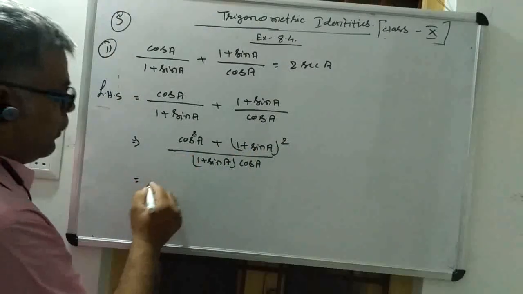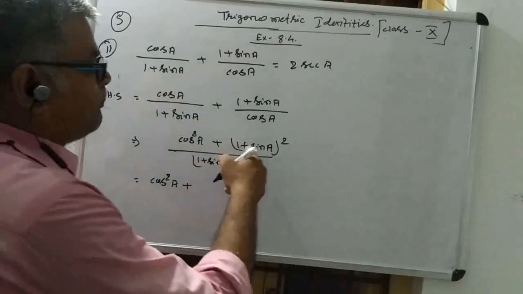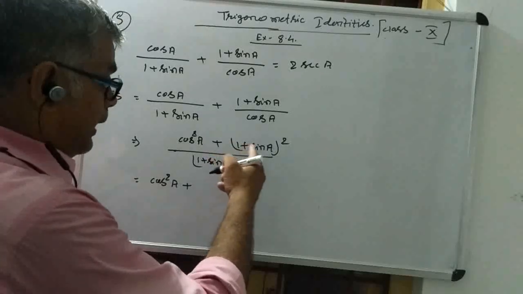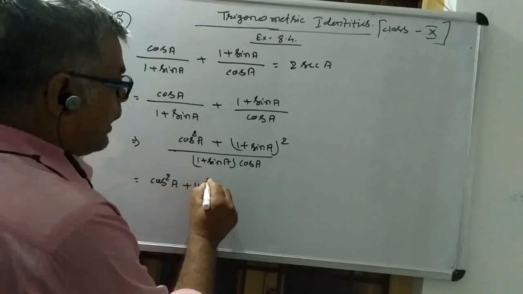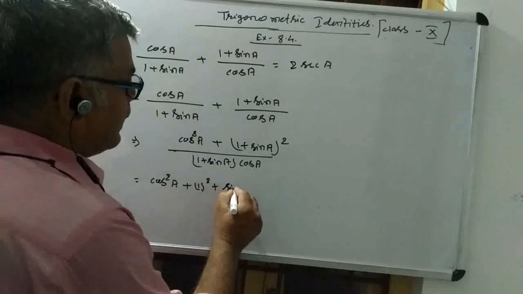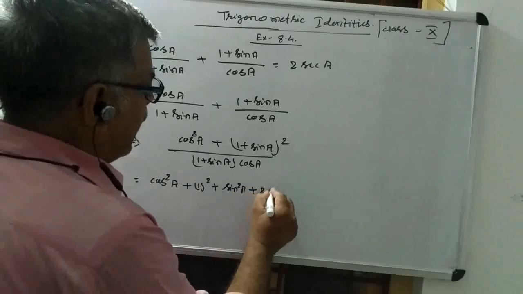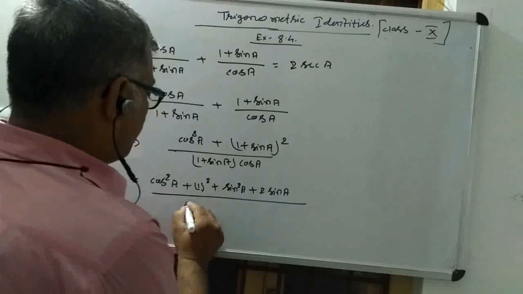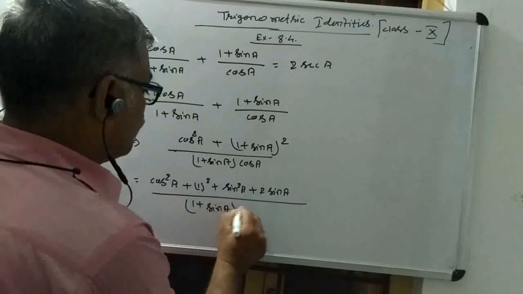Now cos square A as it is, plus expand 1 plus sin A whole square by the formula a plus b whole square. So it will become 1 square plus sin square A plus 2 sin A, by 1 plus sin A into cos A.